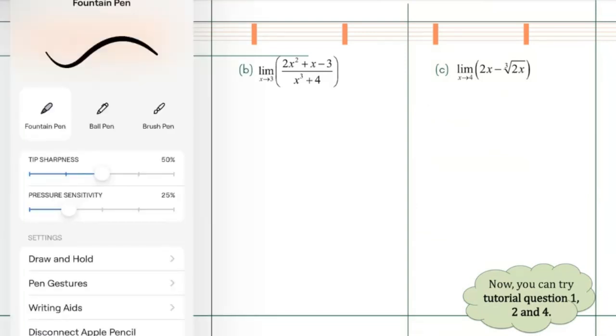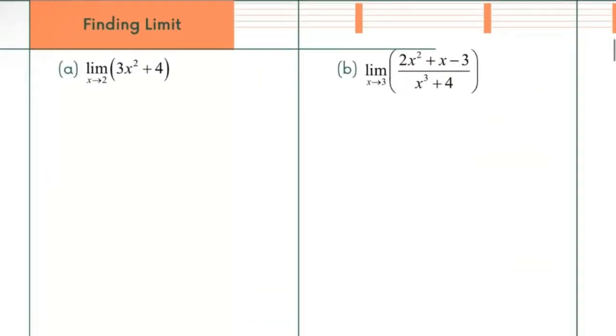So terus sahaja gantikan 2 dalam function. So 3, kita dapat 2 squared plus 4. So kamu akan terus dapat 4 darab 3, 12, 12 tambah 4, 16. So this will be your final answer kepada limit. So bila gantikan dapat nombor terus stop. Okay, ini yang paling simple lah.